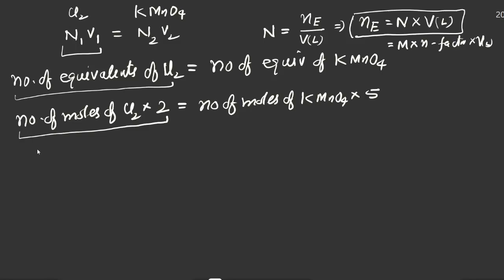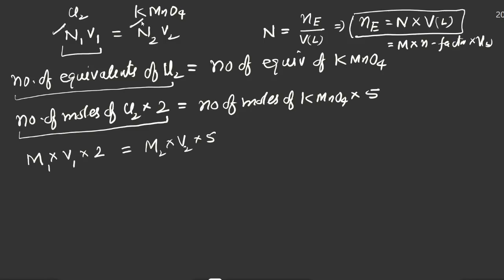Now moles you have converted into molarity, M1V1 into 2, and the same way M2V2 into 5. That's simply normality converted into molarity.